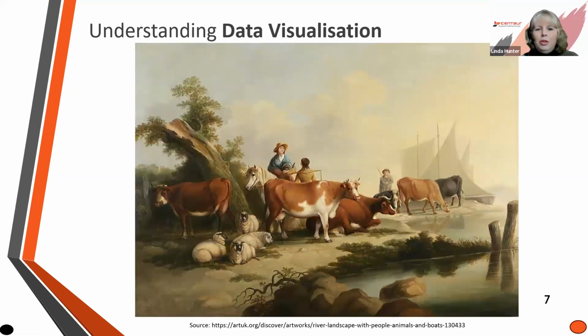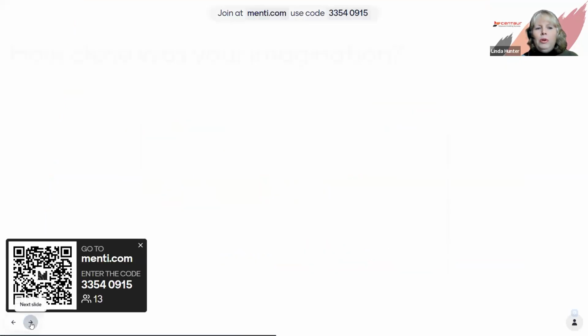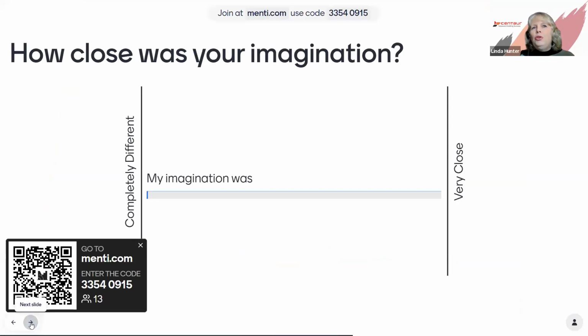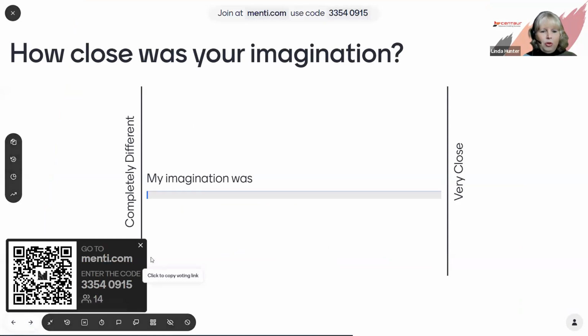Now, guys, is this what you pictured? So now we're going to ask you, how close were you to this picture? Were you spot on, or were all your images full of stick people? This is where you go to our little Mentimeter again, and you'll have the next question, and you can put in there what your response was.